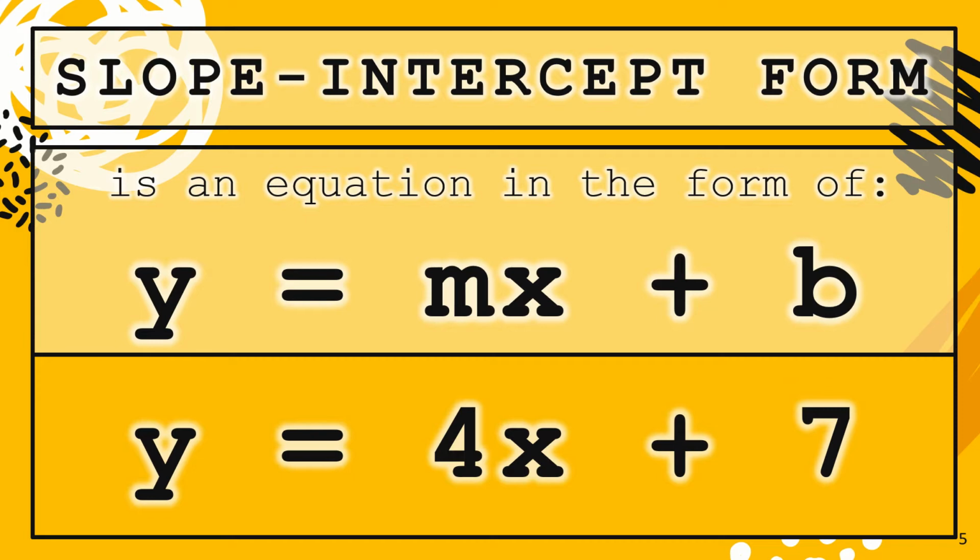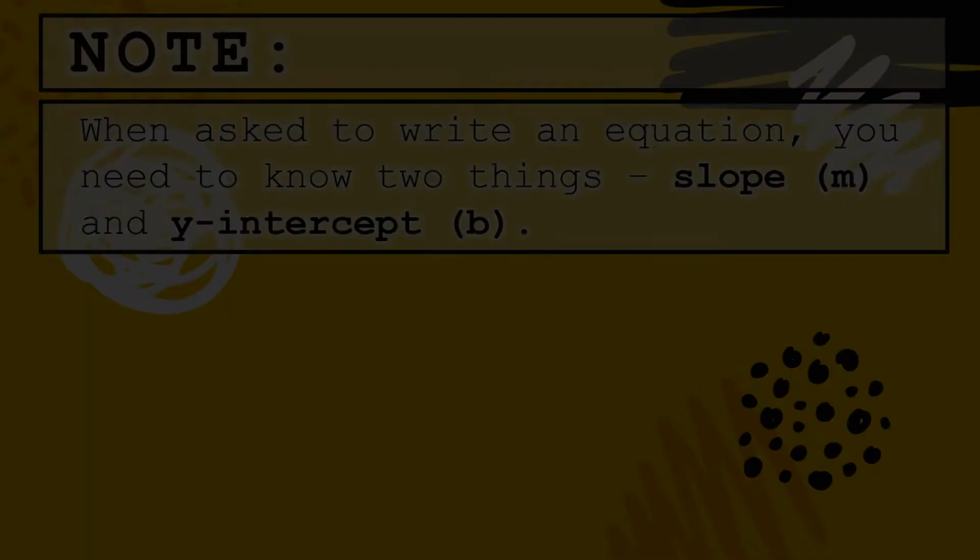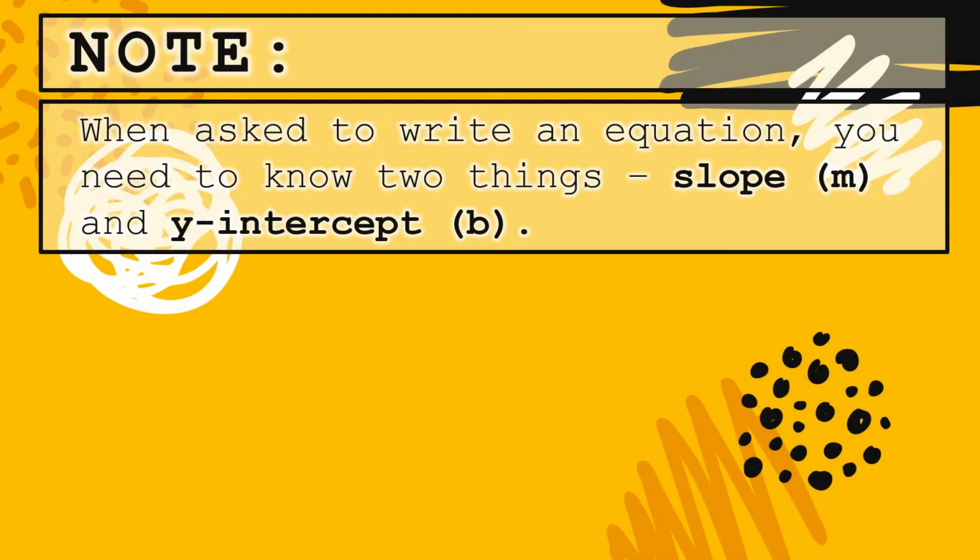Correct, it is 4, because slope is denoted by variable m. How about the value of the y-intercept? Correct, it is positive 7, because y-intercept is denoted by variable b. Is that clear, class? Yes!